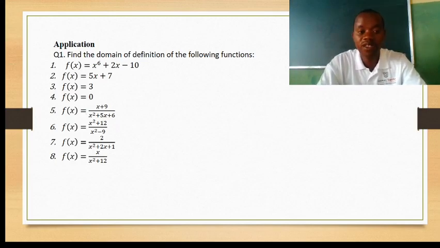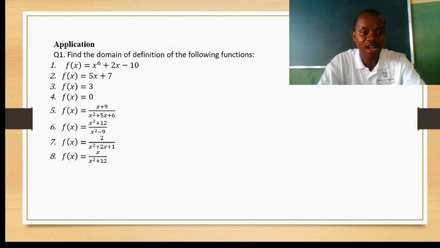For the function number 4, it is the same as number 3. Every real number assigned to x will have the image which is 0, and the domain of definition will be the set of all real numbers.